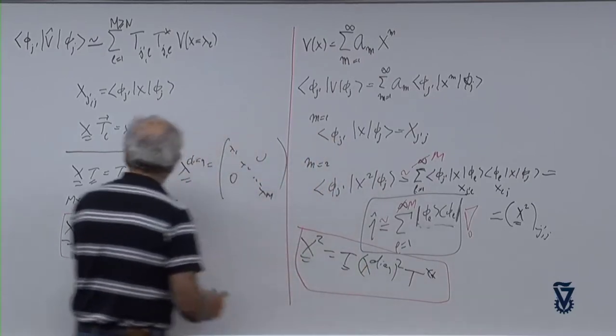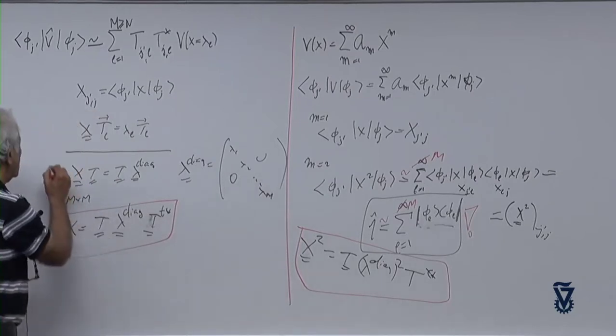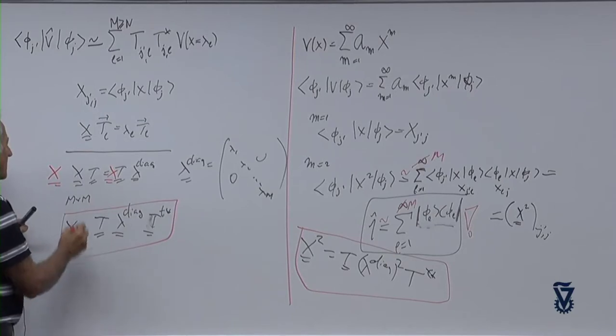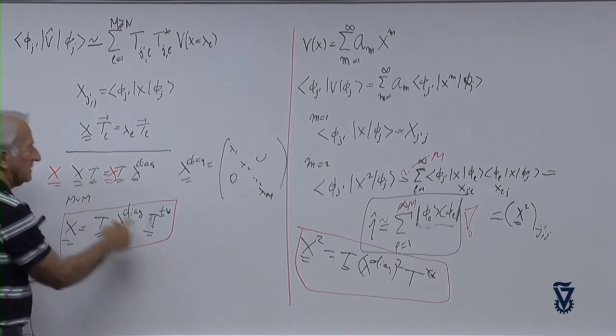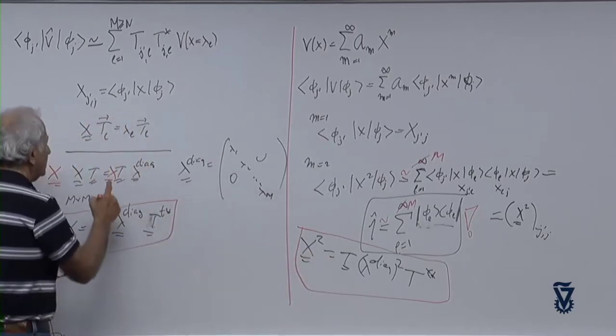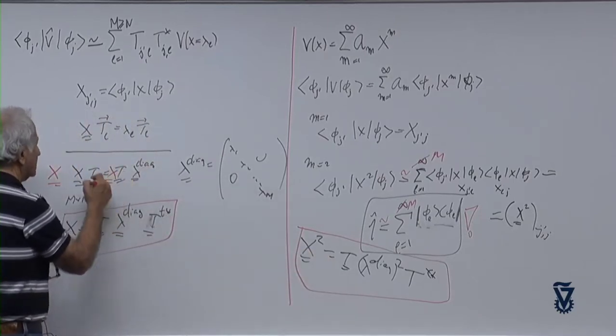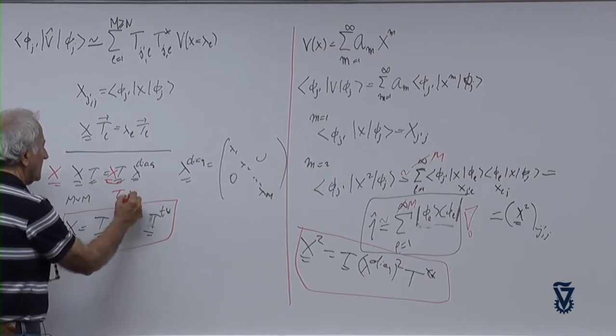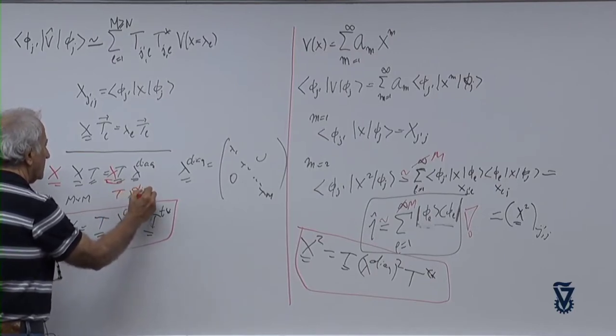Why do I say it? It's very easy to see. Let's multiply the x matrix and the x matrix. Then this is x squared T. This is exactly what we want to show here. Then if you take xT, we know what it is. It's equal to T lambda diagonal.